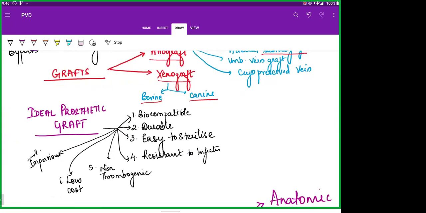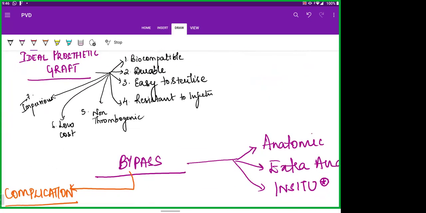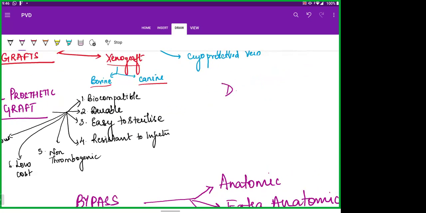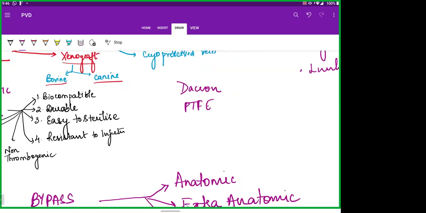And when you talk about the materials used for the graft, you have textile graft, that is your Dacron. Dacron is one of the textile grafts, and another one is your PTFE. These days, they coat these Dacron grafts with heparin and antibiotic.